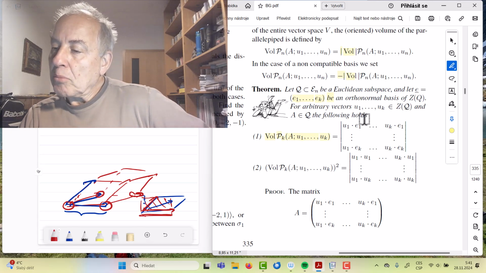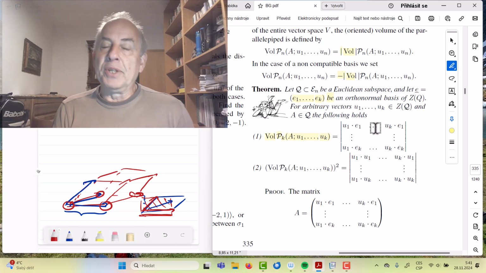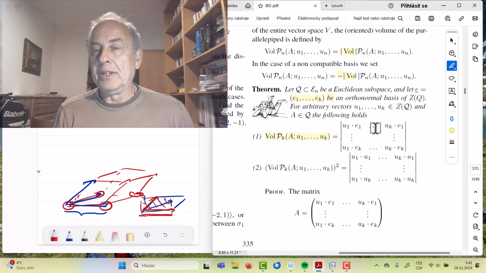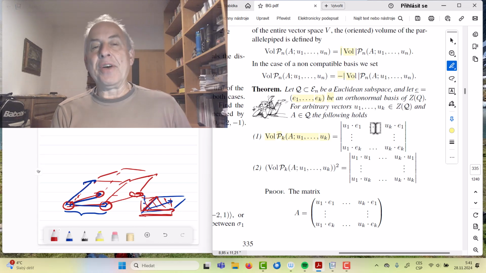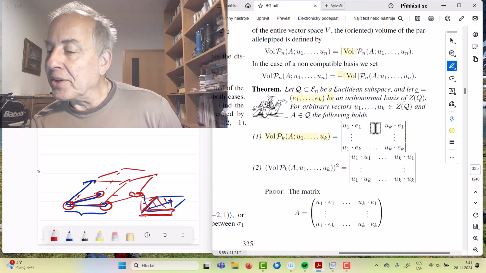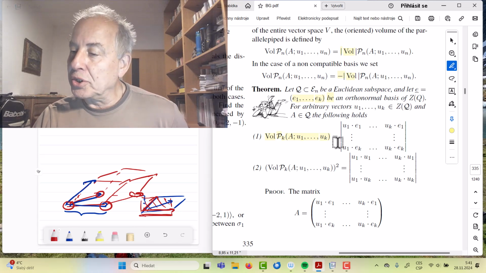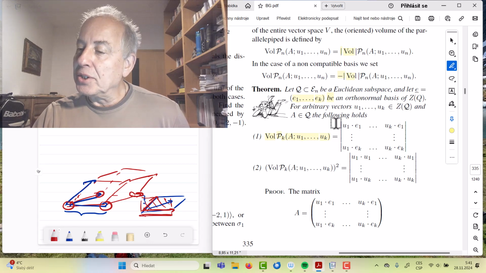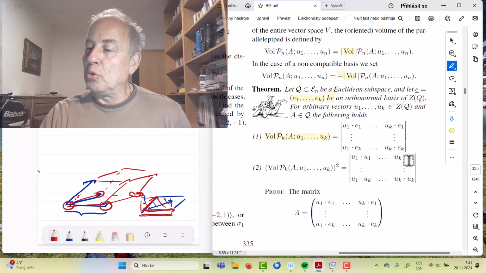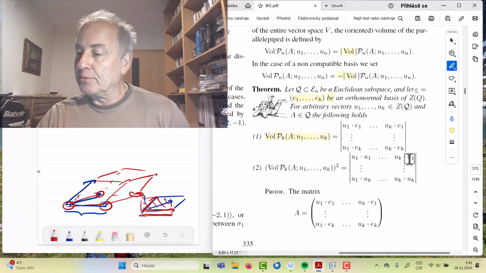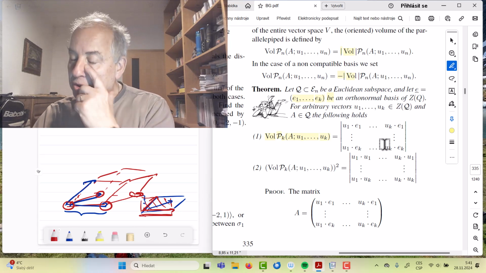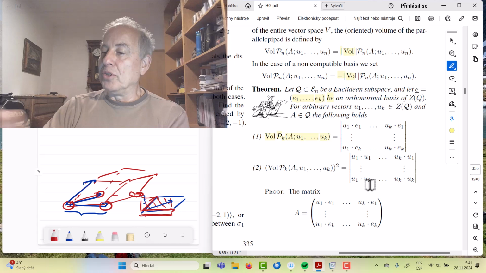And this is just the fact that the determinant is the only one up to a scalar multiple which is n-linear, or k-linear in our case, and antisymmetric, and therefore it must be that, right? So these vertical bars do not mean absolute value, they mean determinant now. Sorry, I didn't stress this, but that's how we use it.